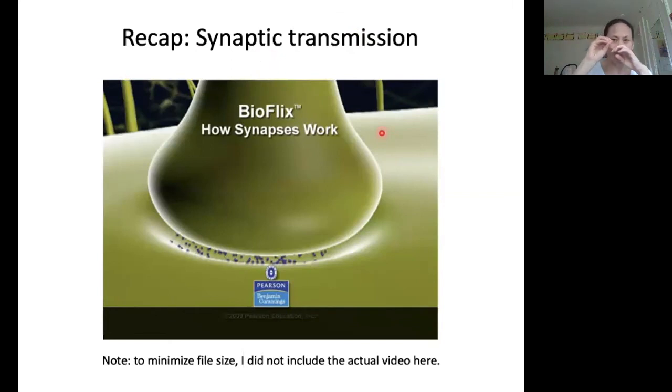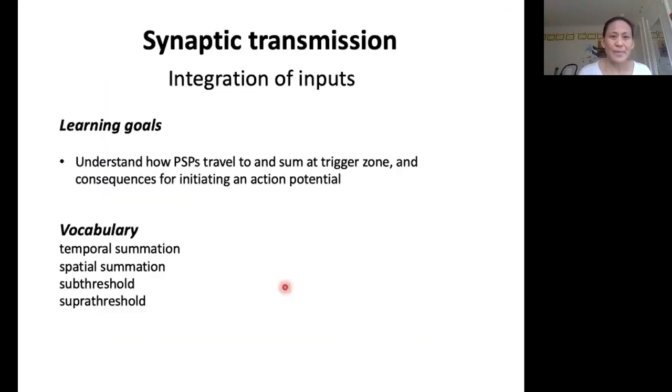So it'll start there and spread and degrade over distance, just like that pebble being thrown into the pond. It has a very nice animation of that. So yes, please watch that video. That concludes our discussion of integration of inputs and of synaptic transmission in general.